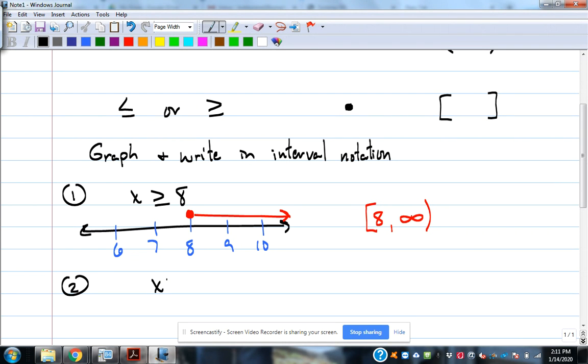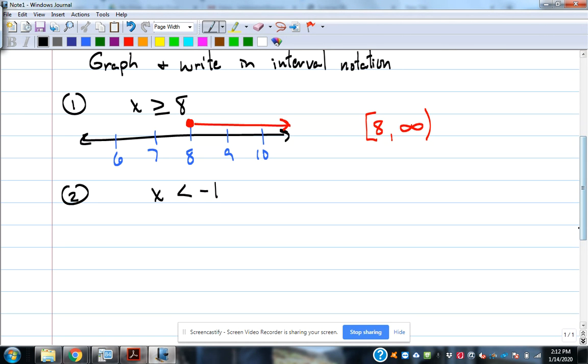Maybe like x is less than -1. Real simple. Nothing too strenuous yet. So I'm going to put the -1 in the middle, -2 and -3 to the left, 0 and 1 to the right. What goes above the -1?